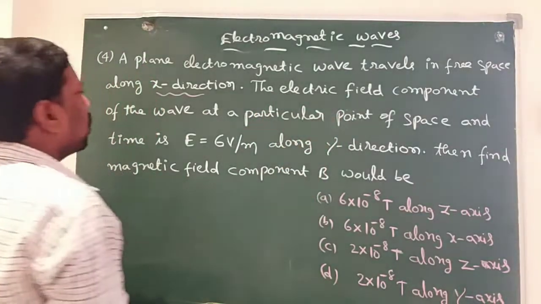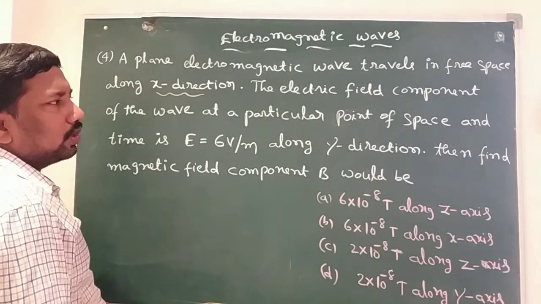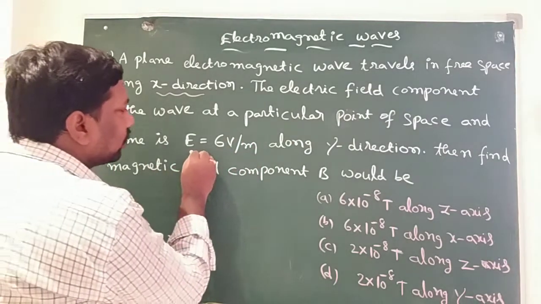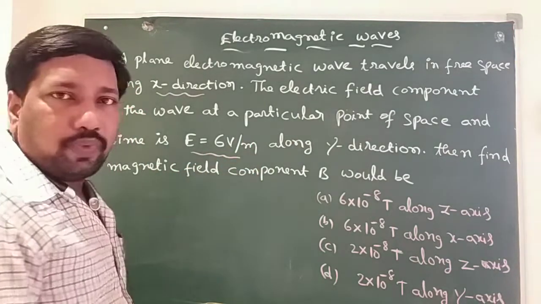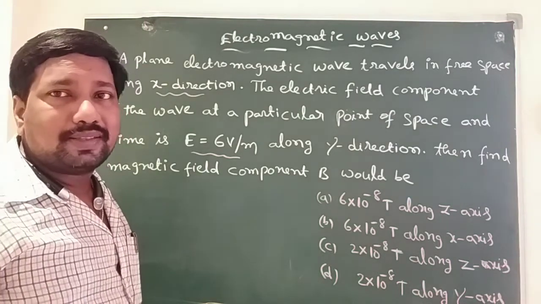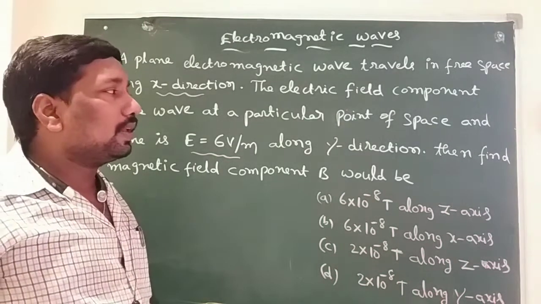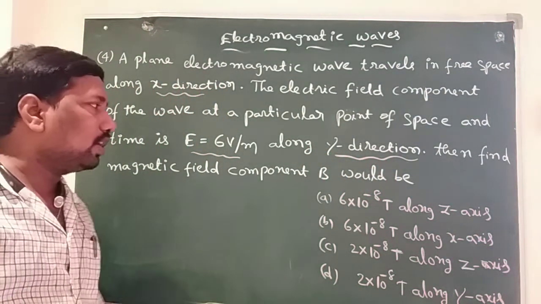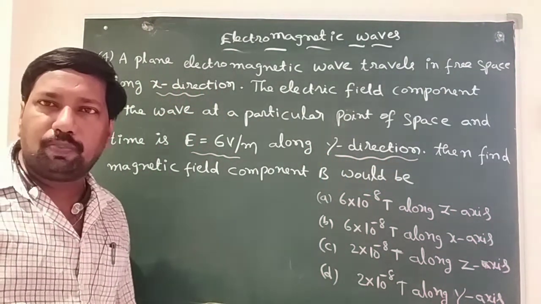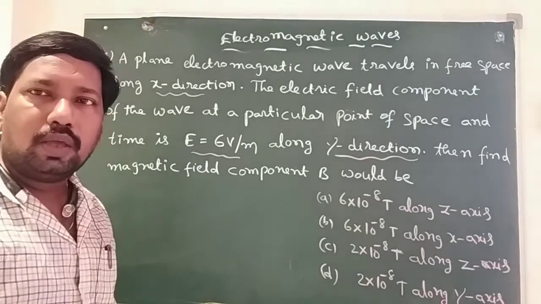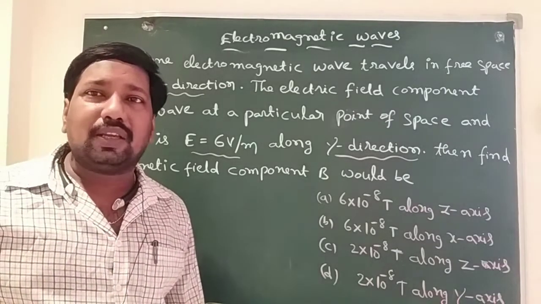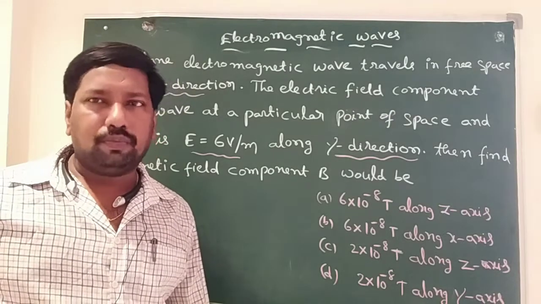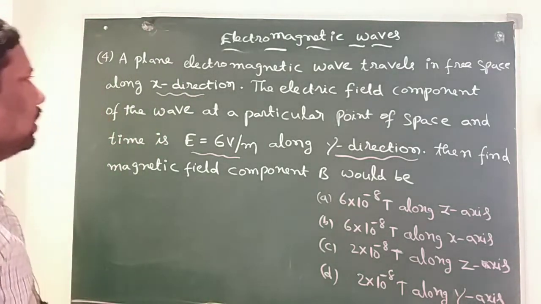The electric field component of the wave at a particular point of space and time is 6 volt per meter along the y direction. Find the magnetic field component B.